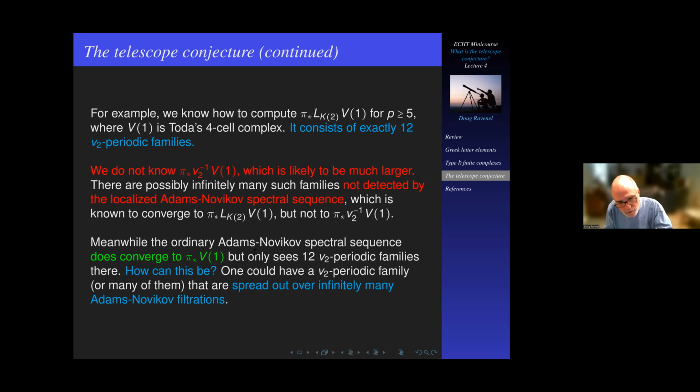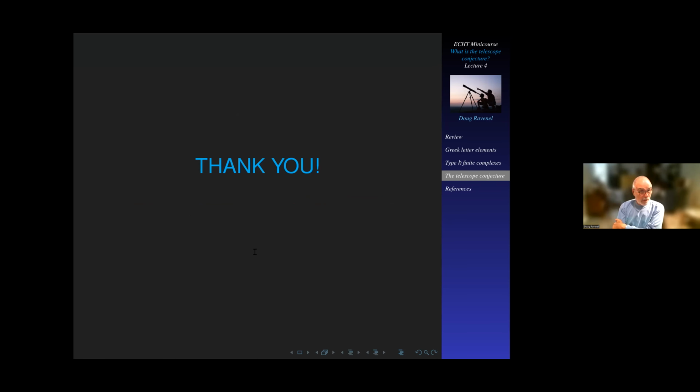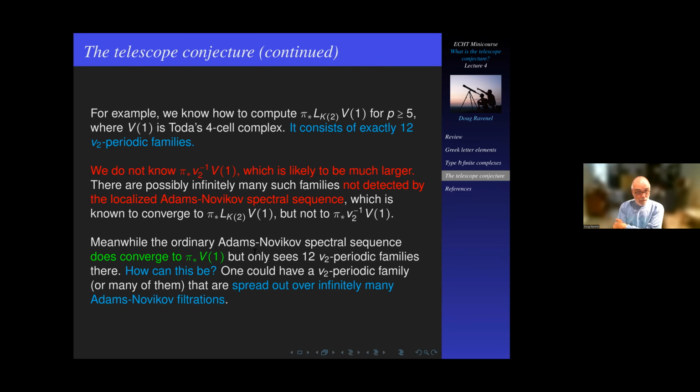And then you're going to multiply a few more. You can multiply it by a few more powers of V2, and then it's going to jump again. And there are going to have to be infinitely many of these jumps. And that's the end of my talk. So thank you very much.